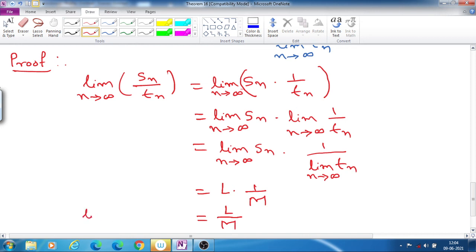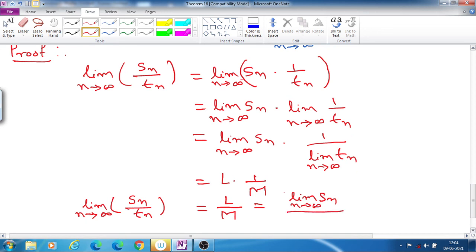So here limit of Sn upon Tn as n tends to infinity is equal to L upon M. That means limit of Sn as n tends to infinity divided by limit of Tn as n tends to infinity.